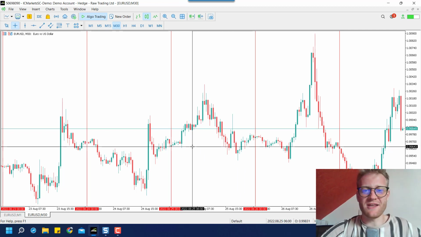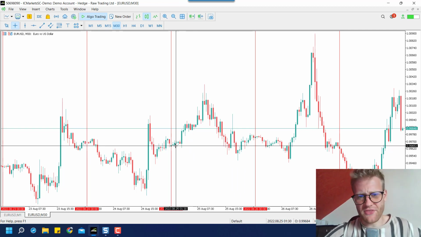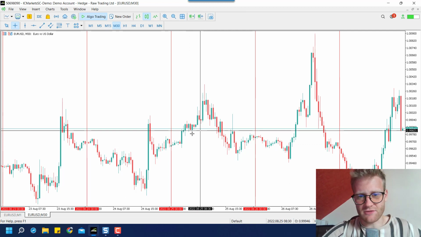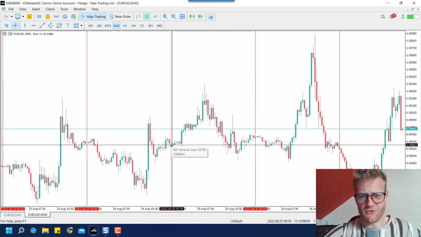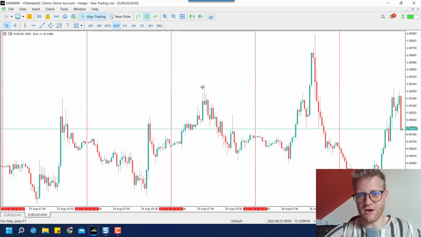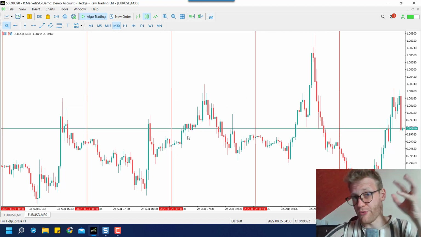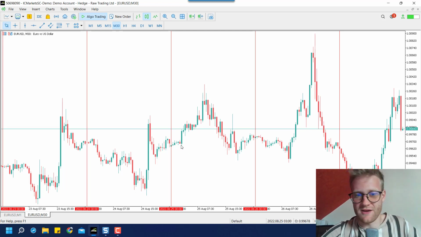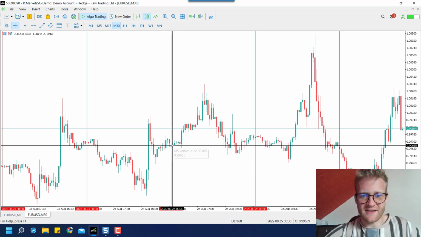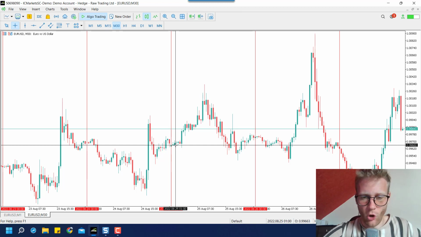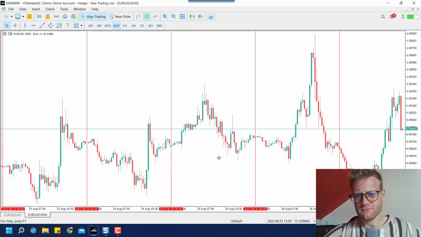And we can really often see, if we look at the starting point of a day, the price often moves to either one or the other direction. So it's really often that we have some sort of breakout, if you want to call it this, if you start at the market opening of a new day.